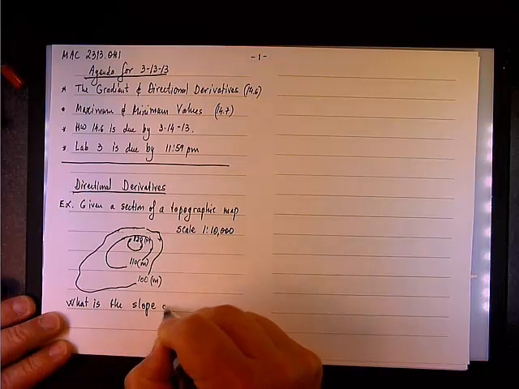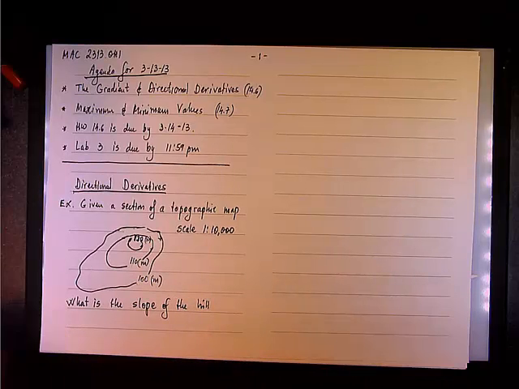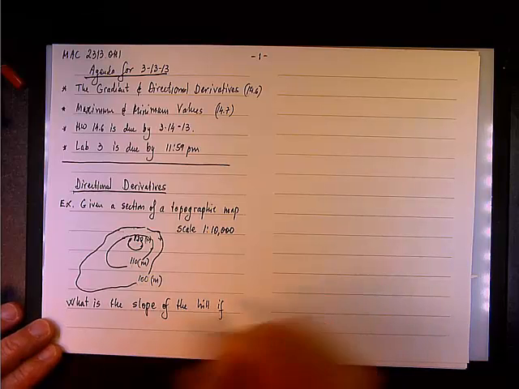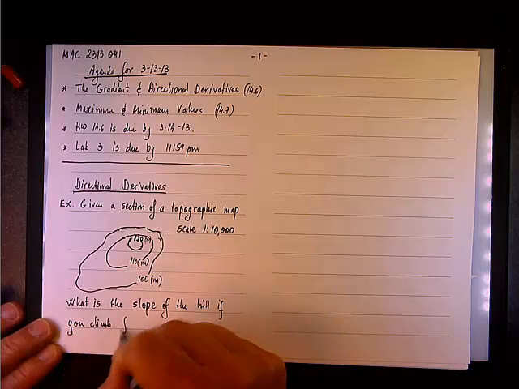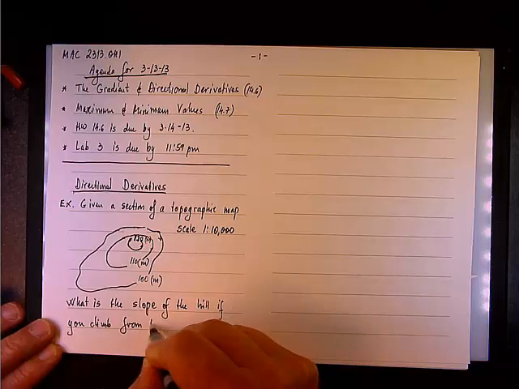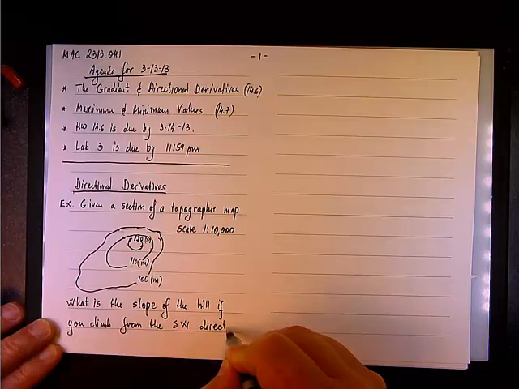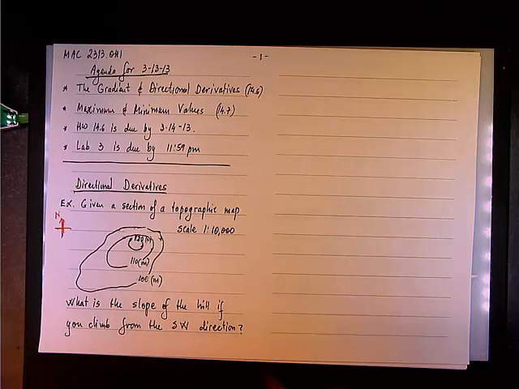What is the slope of the hill, let's say, if you climb from the southwest direction to the top?